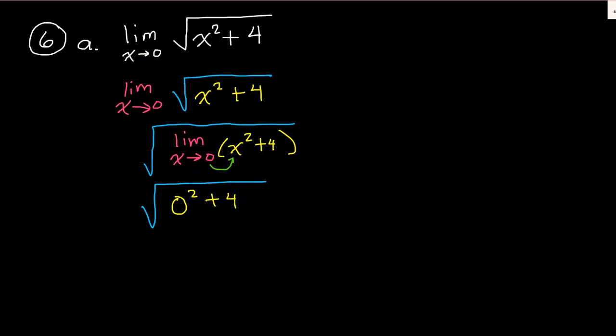So the limit is going to give us 4. Then we can apply the outer function afterwards by taking the square root, and of course that will be 2. All right, so the limit of the original function is 2.